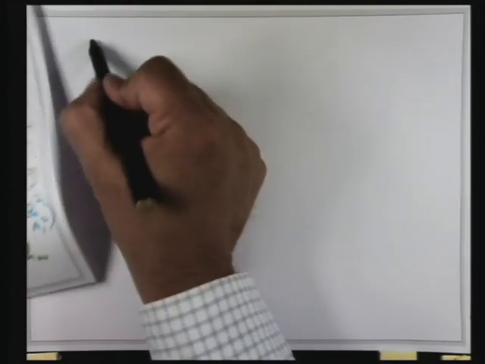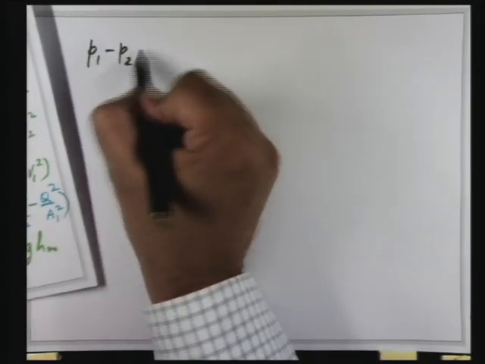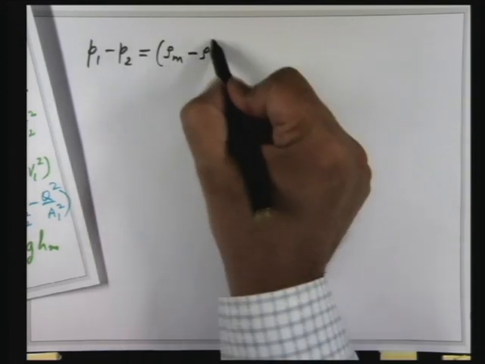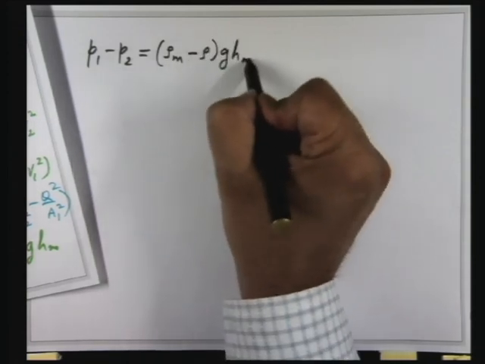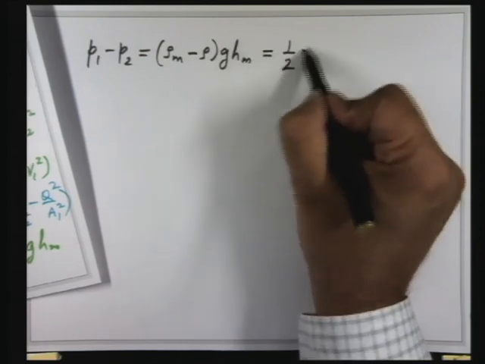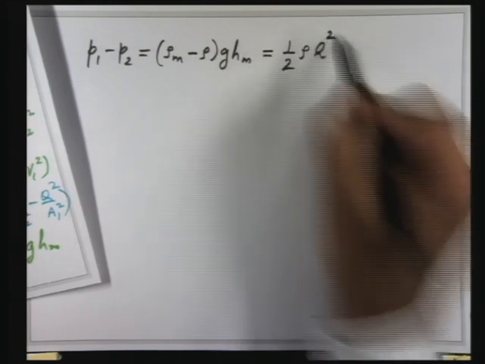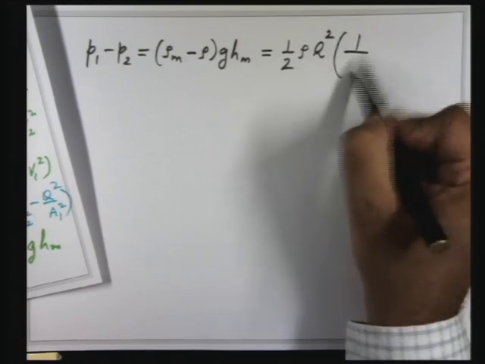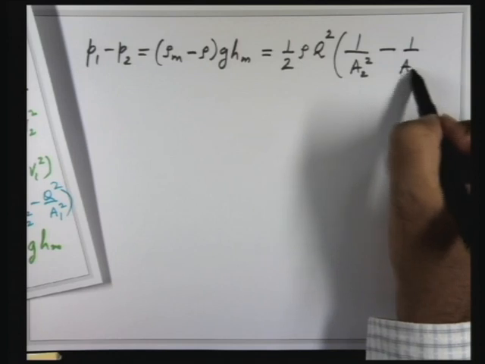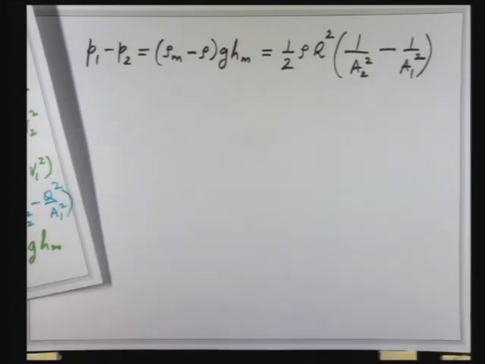You have P1 minus P2 is equal to (rho_m minus rho) g h_m is equal to half rho Q squared into (1 upon A2 squared minus 1 upon A1 squared).